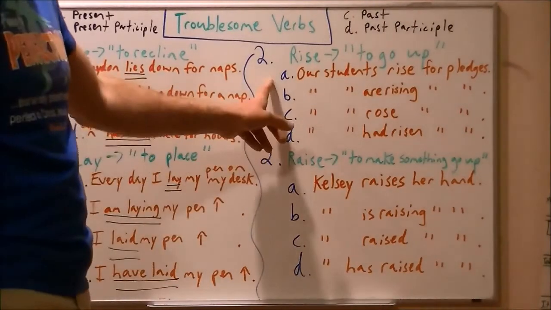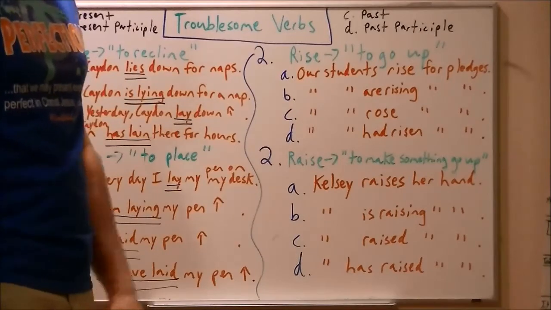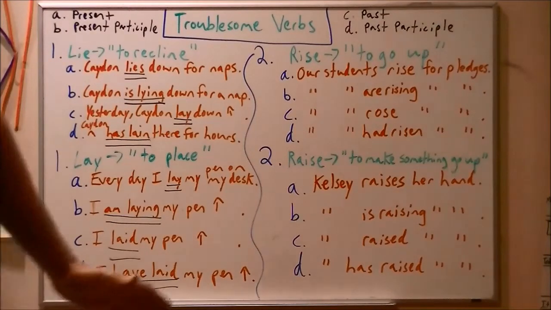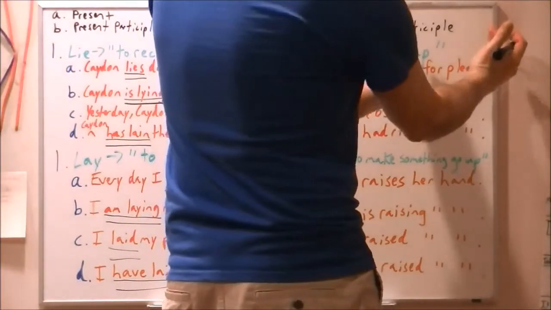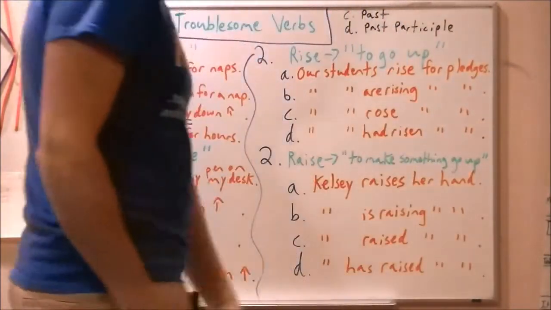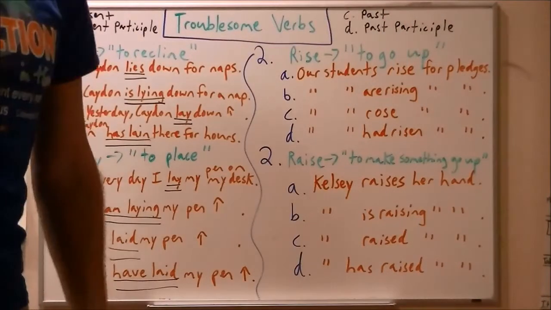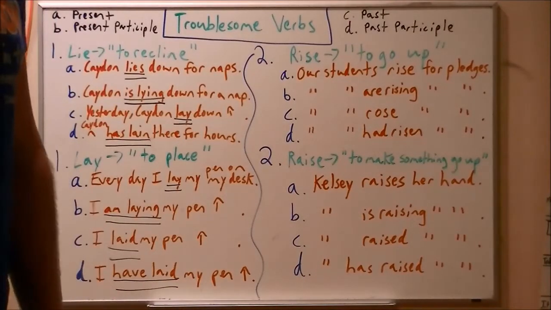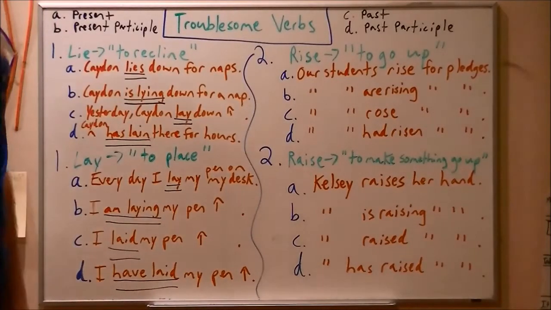And number two, for rise, similar to lie, it is an intransitive verb. It is never going to have a direct object. And you'll notice that we have "for pledges" that comes after the verb every time. Well, that's a prepositional phrase, and a direct object cannot be in a prepositional phrase, kind of like a subject of a sentence.